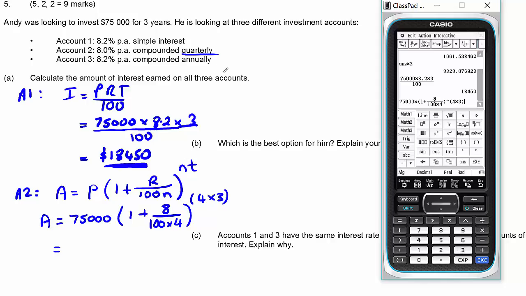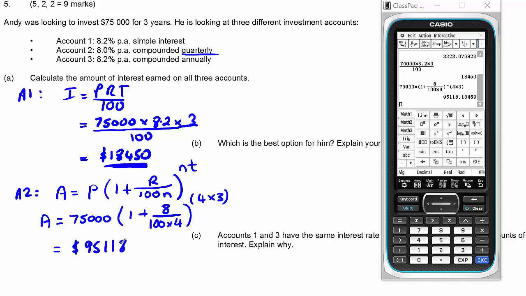If it compounds quarterly in 3 years, then it's going to compound 12 times basically, and that gives us 95,118 and 13 cents. But remember, that's the total amount in the account.